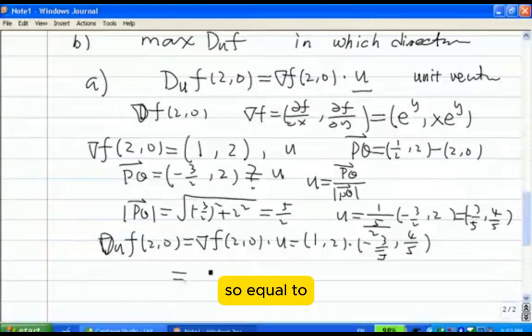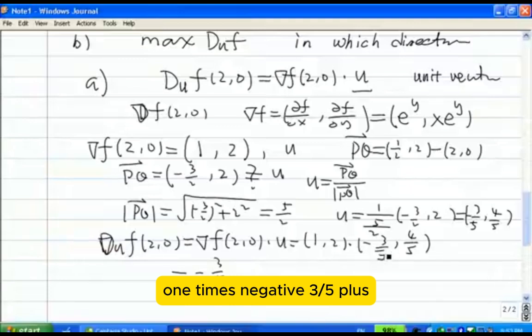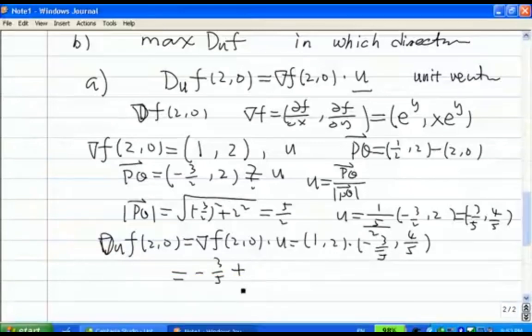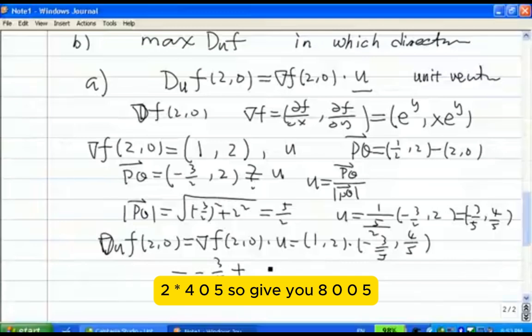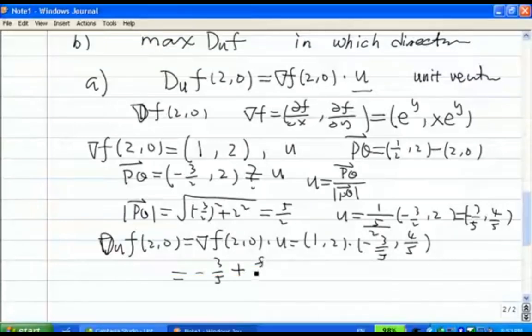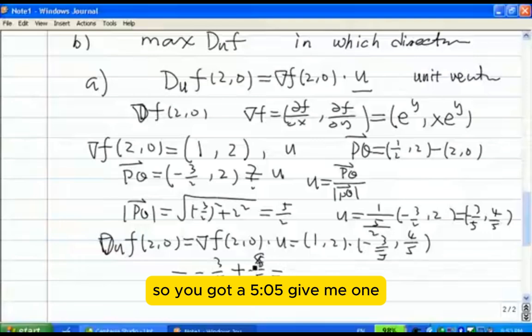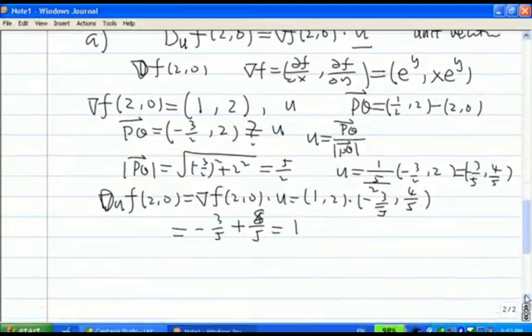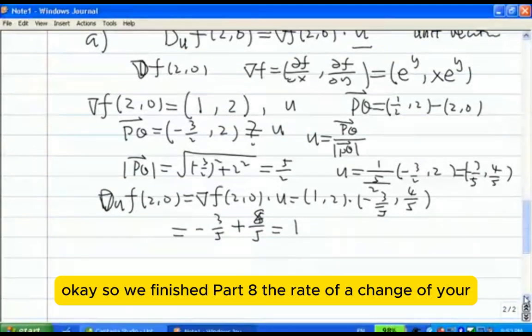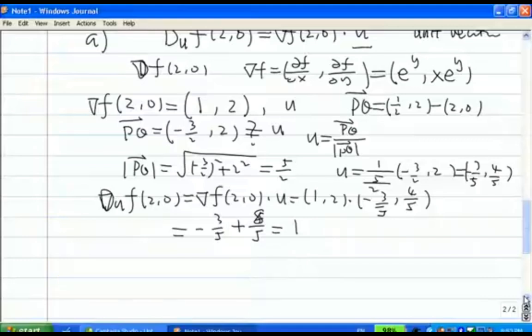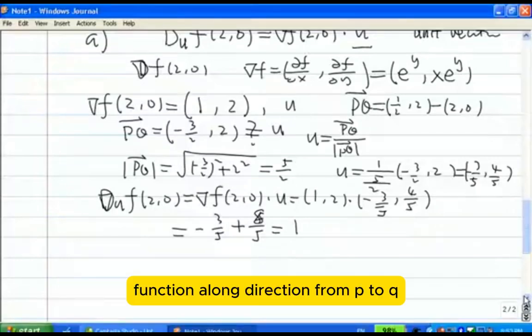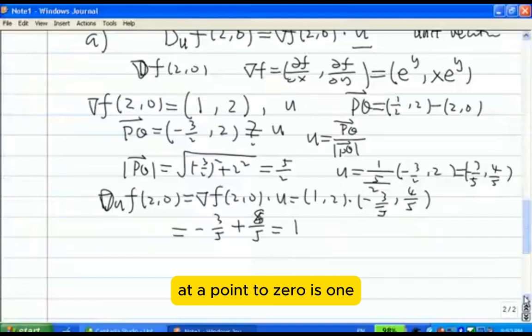So that equals 1 times negative 3/5 plus 2 times 4/5, which gives you 5/5, which is 1. Okay, so we finished part A. The rate of change of your function along the direction from P to Q at the point (2, 0) is 1.